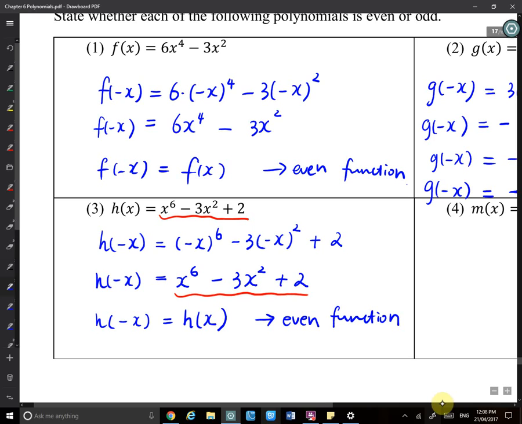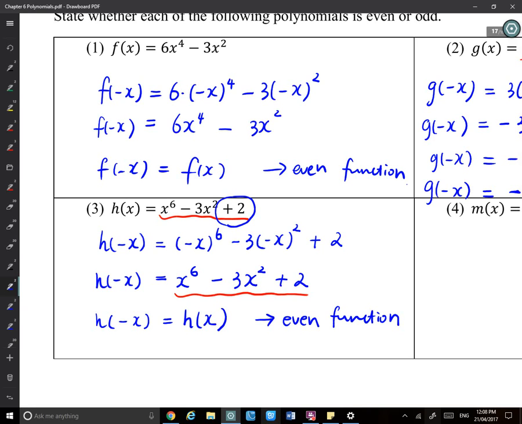Can you see, even though the original function contains a constant here, that doesn't change. It still can be an even function. Okay, but the odd one will be a little bit different.